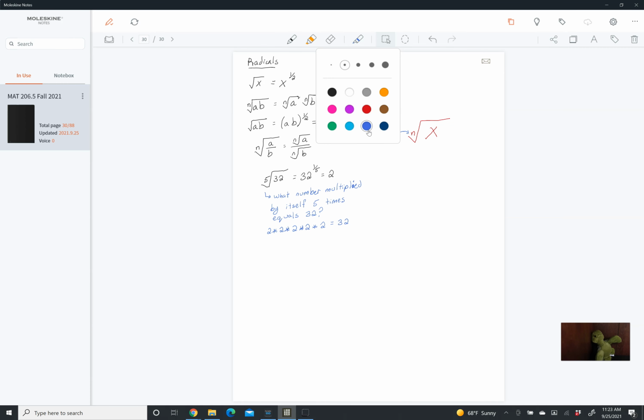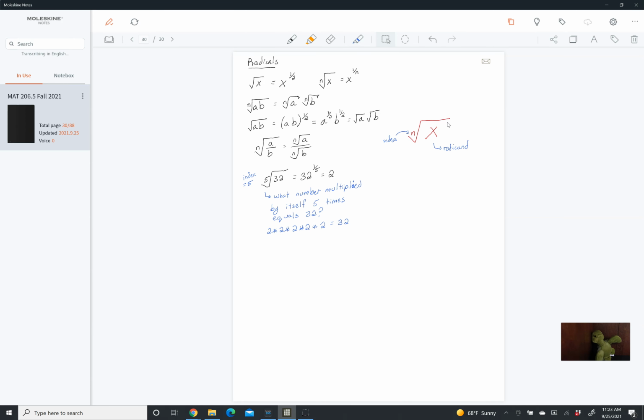Over here, the index is equal to 5. Okay, that's the index. The x is the radicand. That's what is under the radical. And this symbol is just a radical.